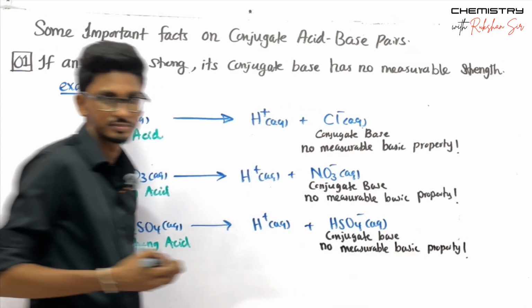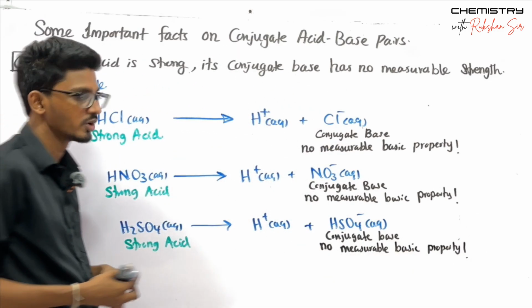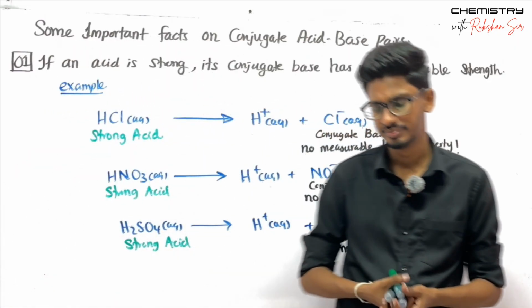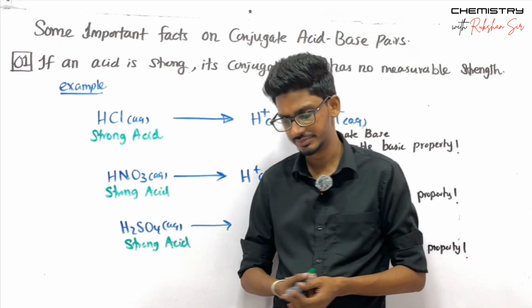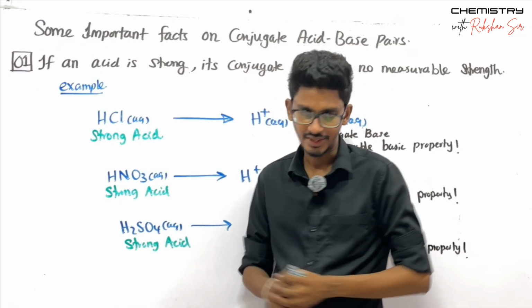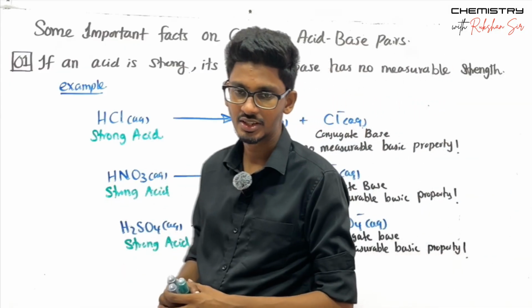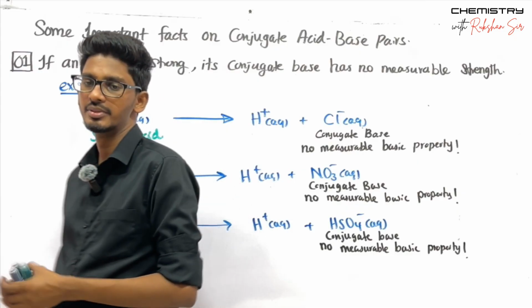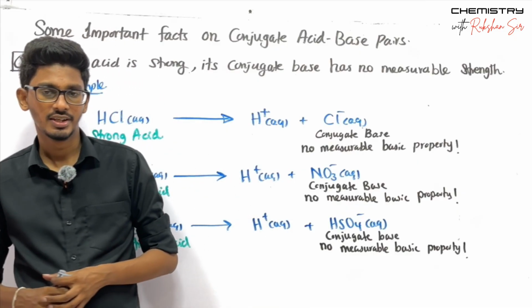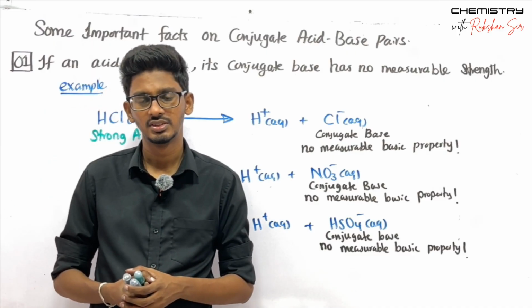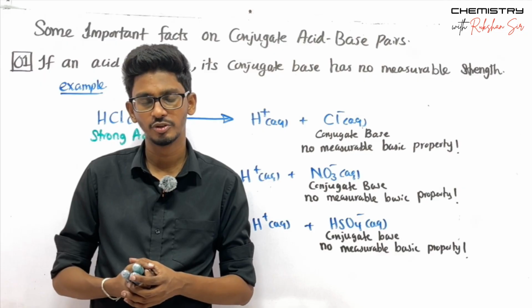Is that clear? We can think of more acids like HClO4, another strong acid. HCl, HBr, HI are also strong acids. For their anions, Br minus, I minus, and for HClO4, the ClO4 minus ion, those are the conjugate bases of strong acids.